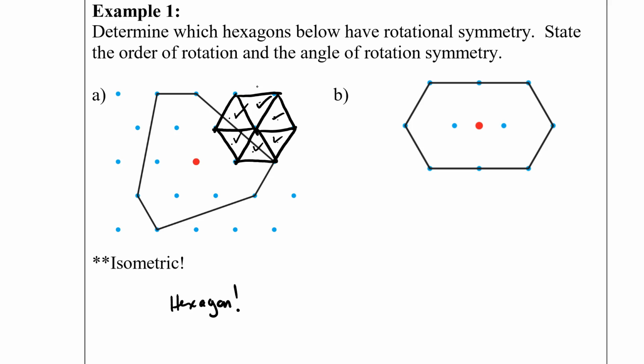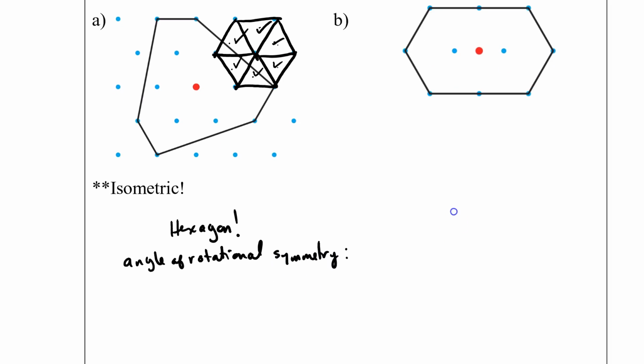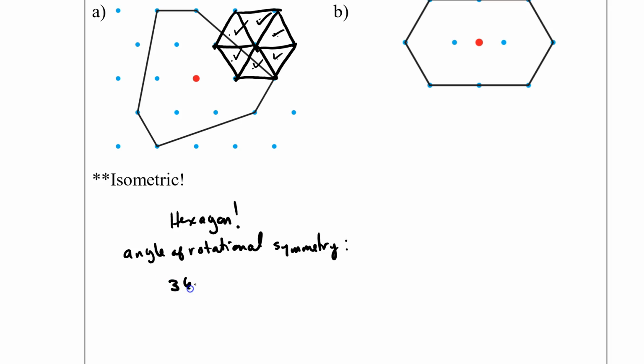So if we want to figure out the angle of rotational symmetry, we're going to have 360 degrees divided by the order of rotation, which is 6. 360 divided by 6 is going to be 60 degrees.